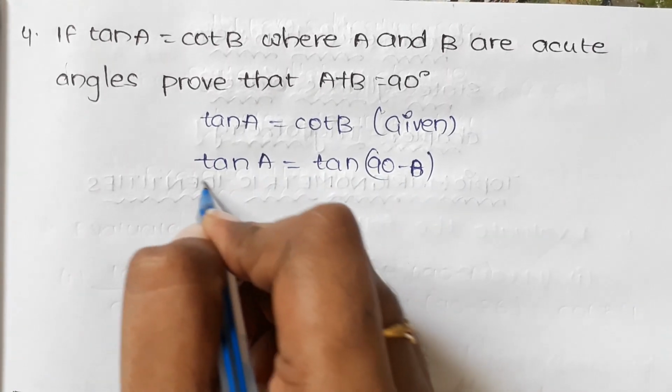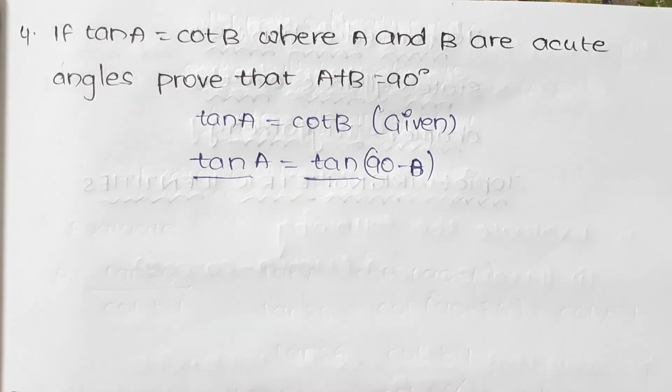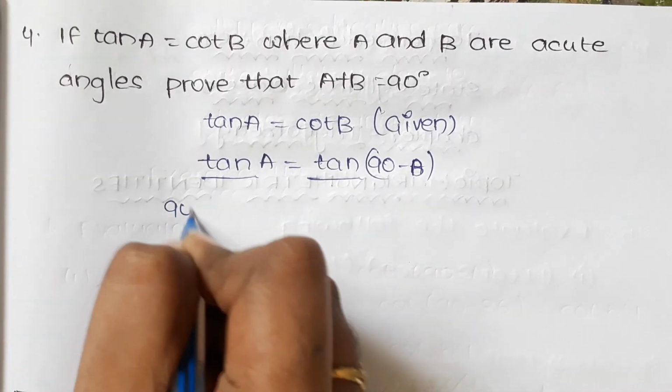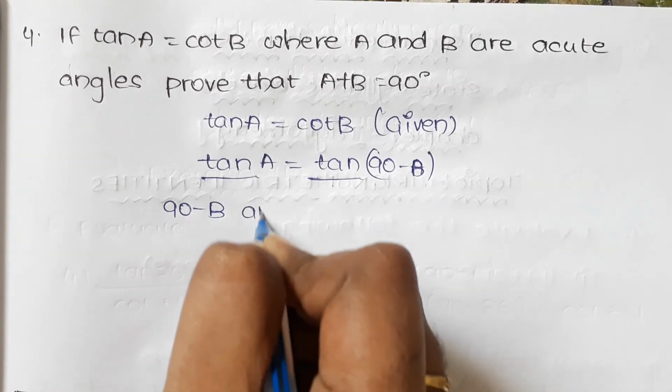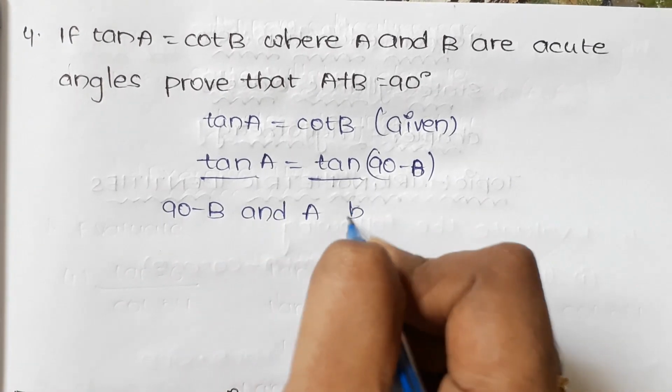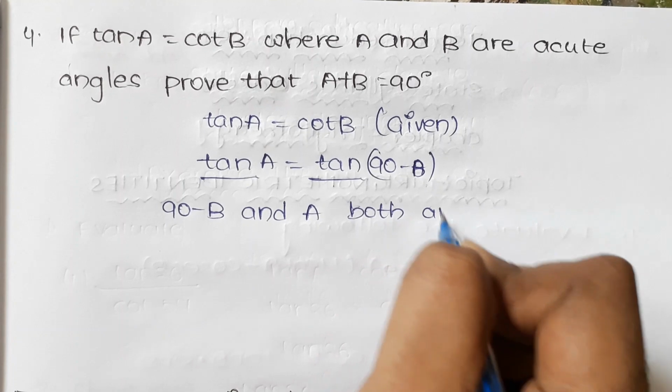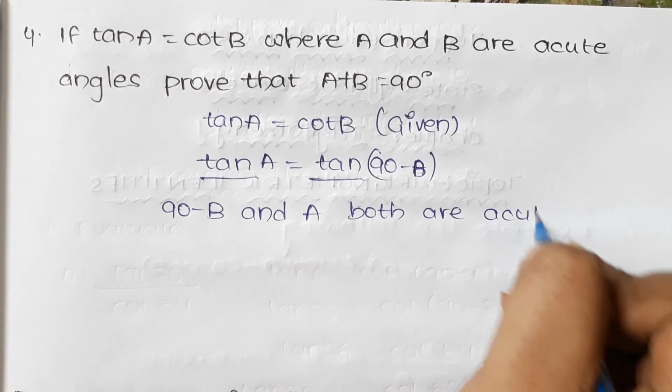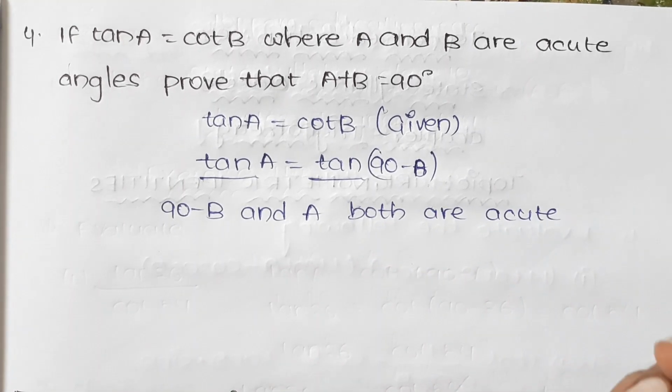Here we have both tan, and since 90 minus B and A both are acute angles, these two are equal.